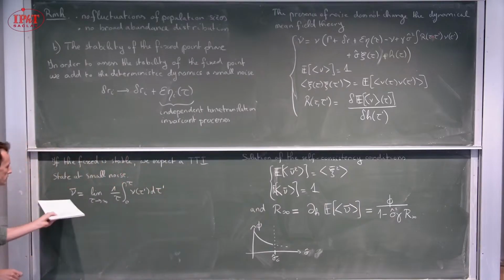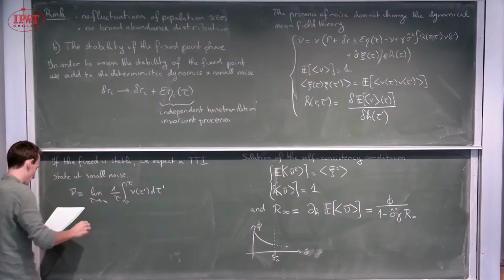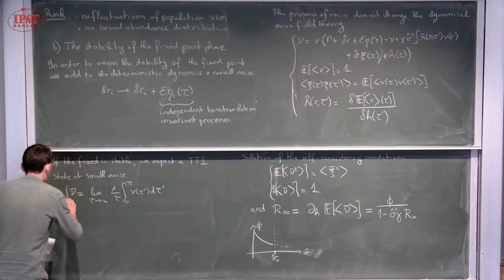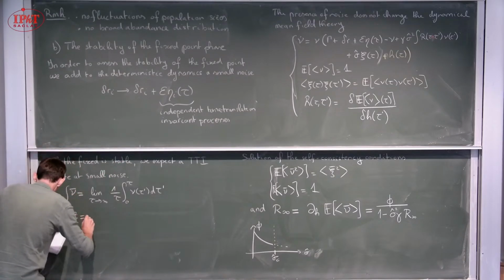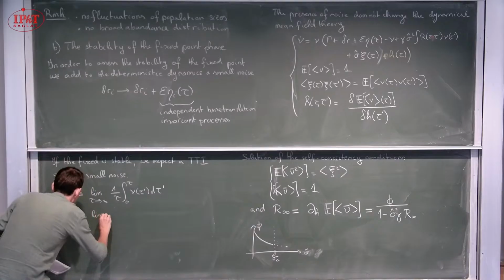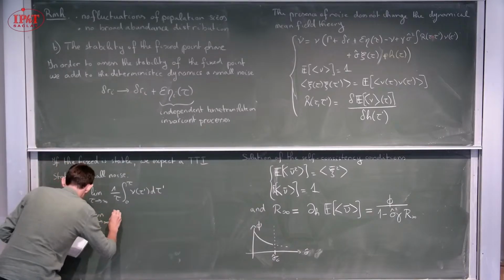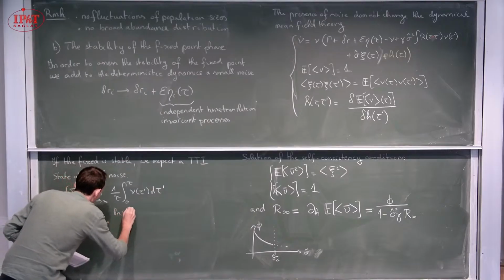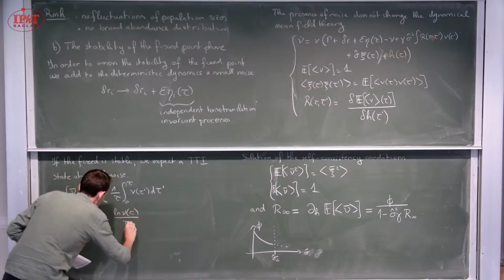And if the dynamic is time translation invariant, this exists. And accordingly, z is the limit that goes to infinity of the log divided by tau.